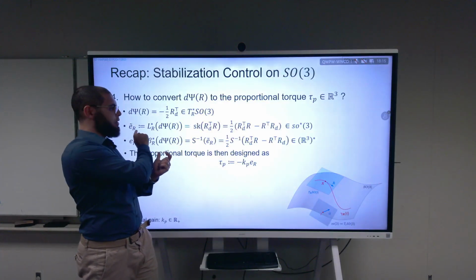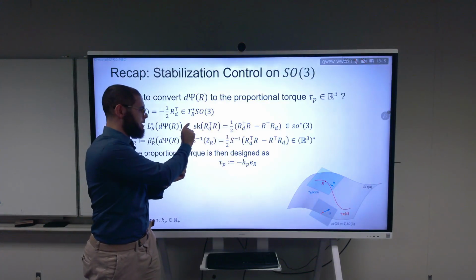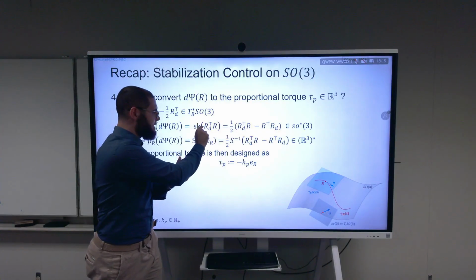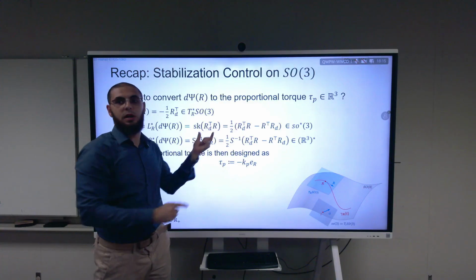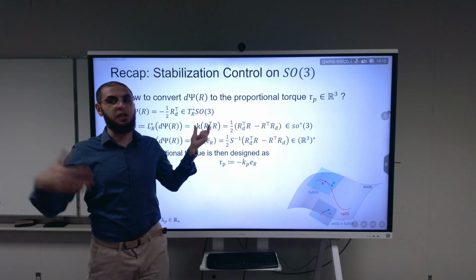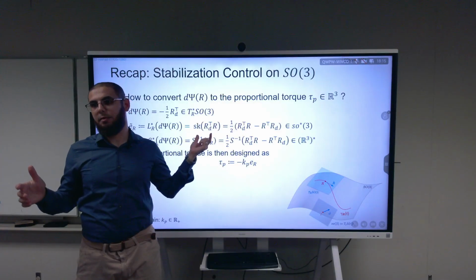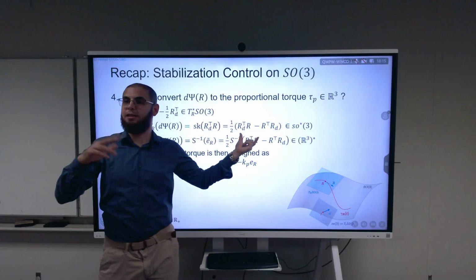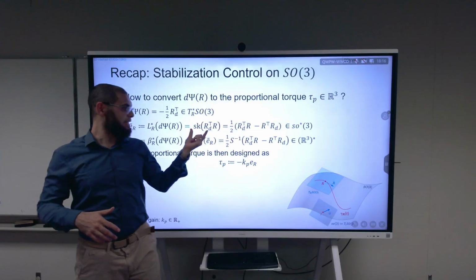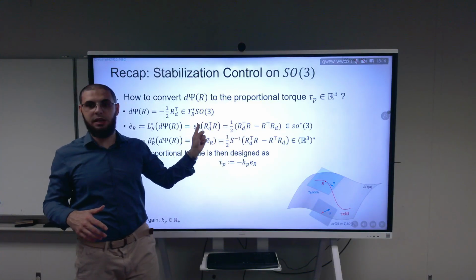So the E_R tilde is equal to the skew symmetric form of G0 multiplied by R desired transpose R. And thus it doesn't need to be skew symmetric, because you're going to also skew symmetrize it in this way. So that's exactly how it will change. You're going to have the G here.